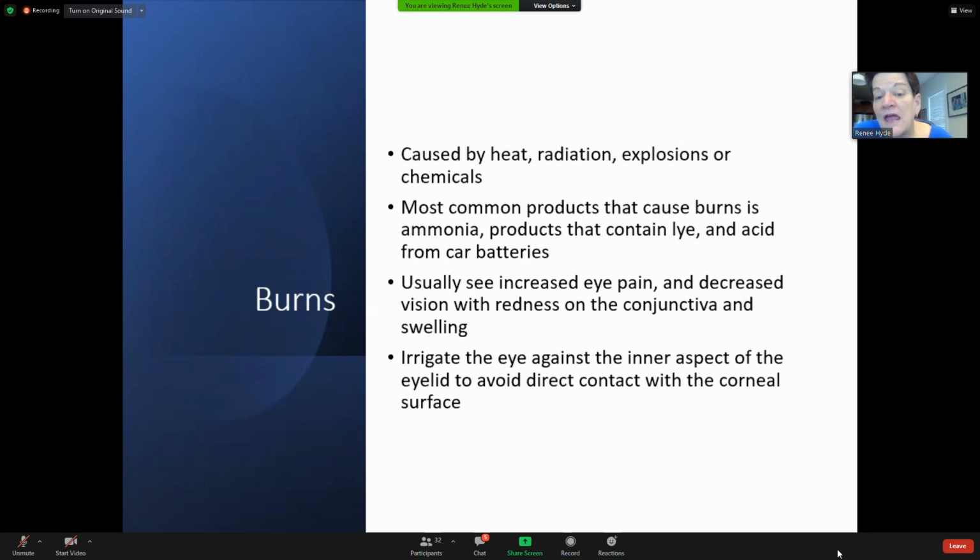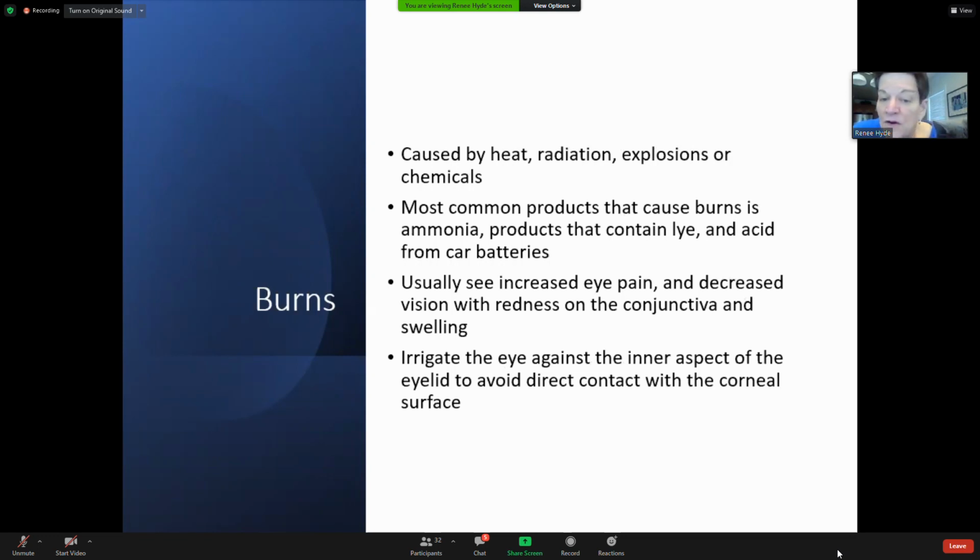If they have a chemical in that eye, we're going to irrigate that eye against the inner aspect to avoid direct contact with the corneal surface. And we want it to drain away from the other eye because we do not want to flush that lye or battery acid from the right eye into the left eye.